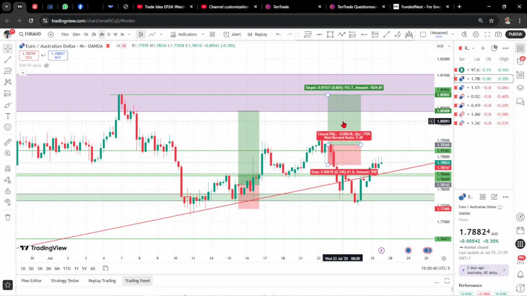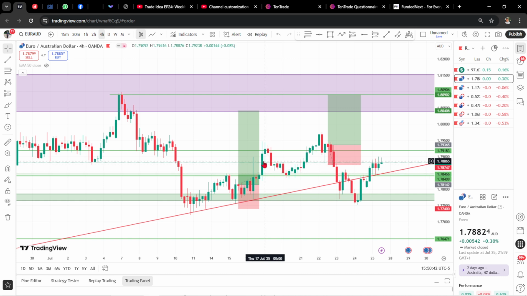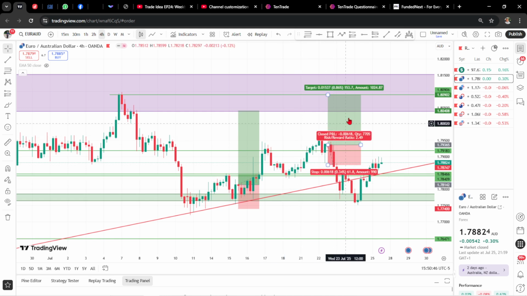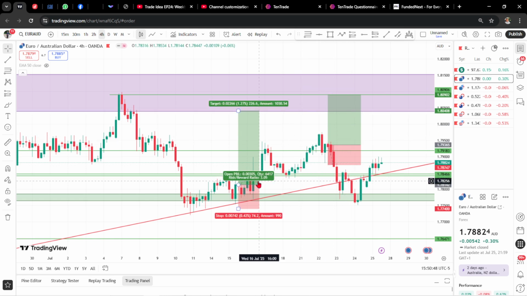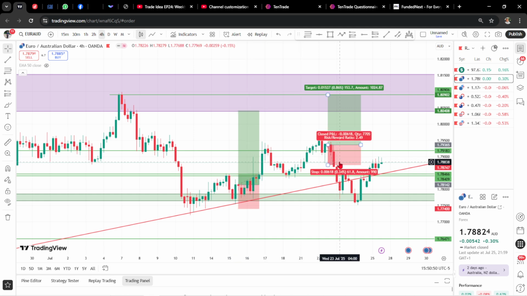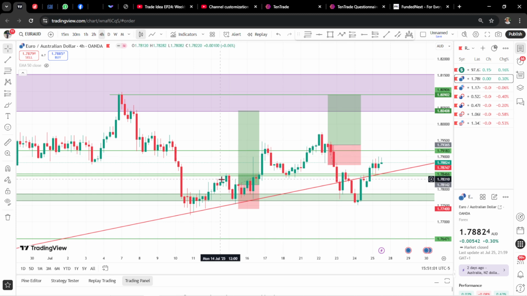So when the market hit me out, it also hit me out in profit from the first trade, because I was trading the stop, and the loss I made from here, I used this one to recover. So in this trade, I was still in profit. After losing this one particular trade, I was still in profit because of my risk management and how I manage my trade.